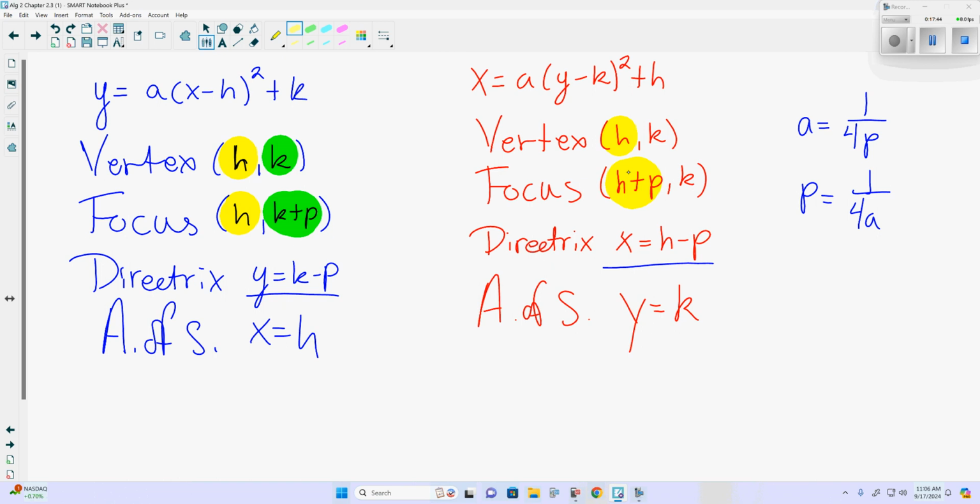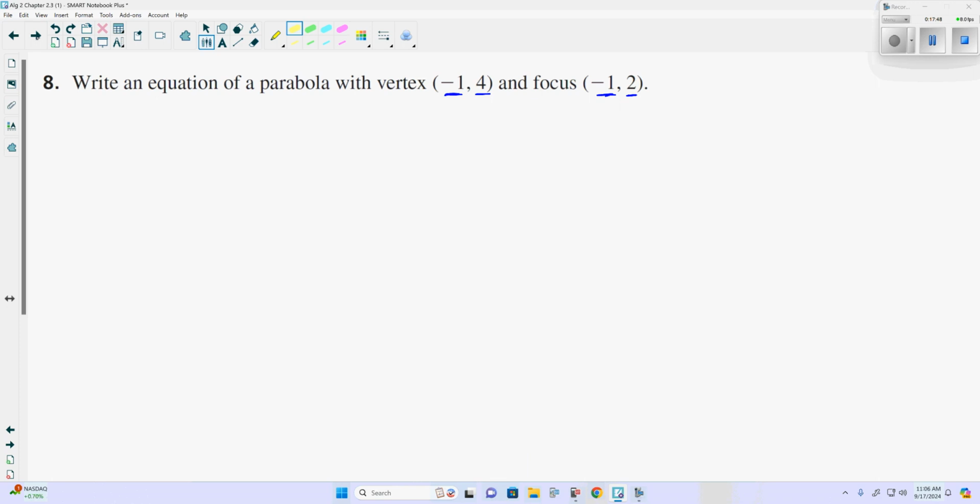Is it the first spot or the second? So if we look at this here, we see that the value of y is going from 4 to 2. There is a change there. And since there is a change in the y value, it means it's x equals a times y minus k squared plus h.